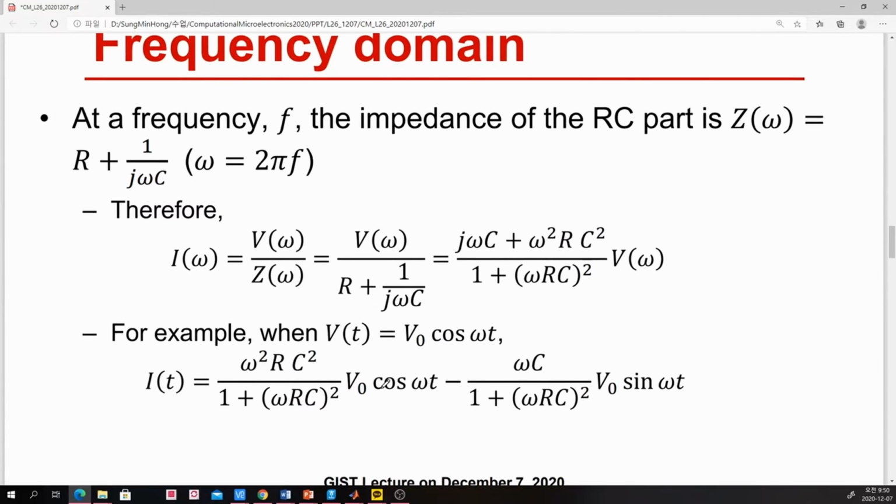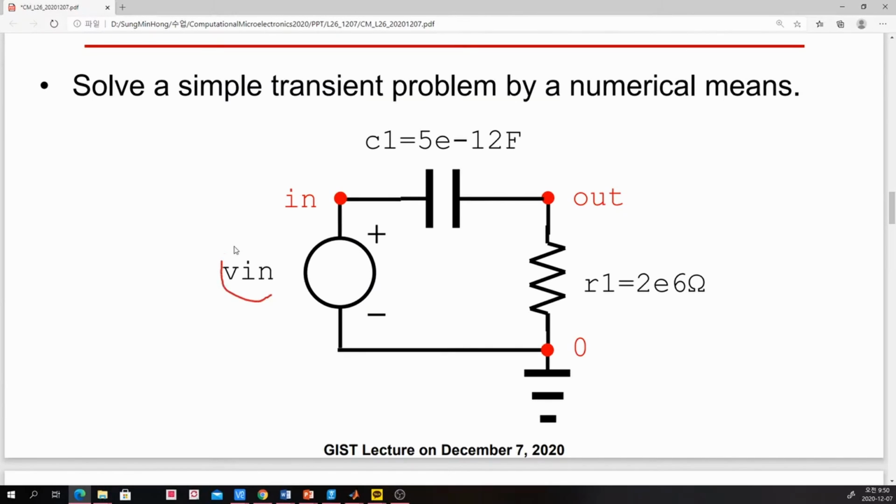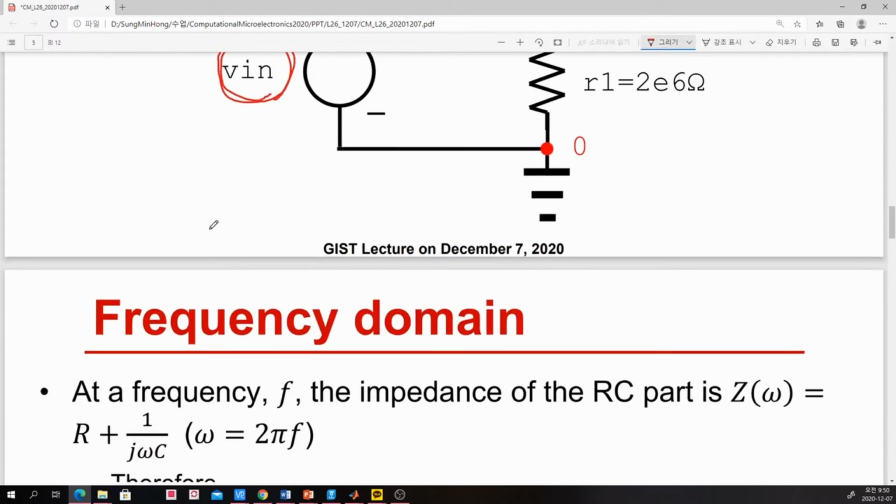But simply to discuss a qualitative analysis on it, your goal is to apply a certain time dependent voltage source.